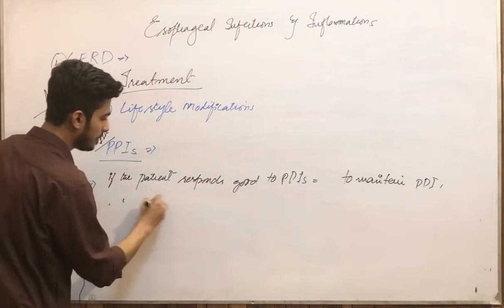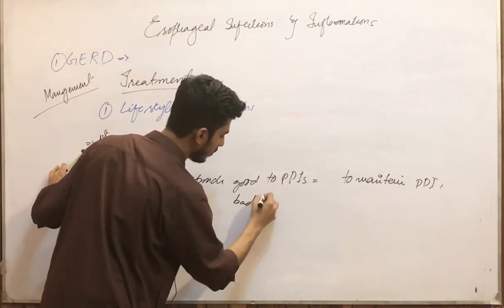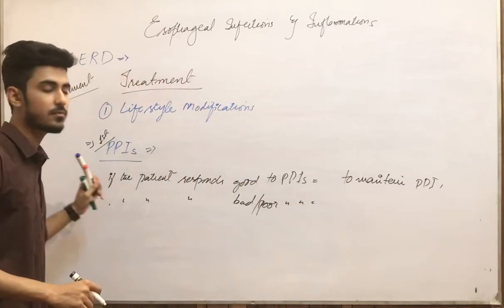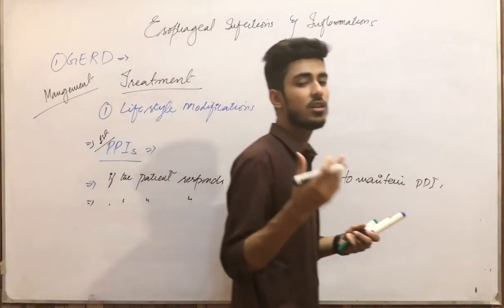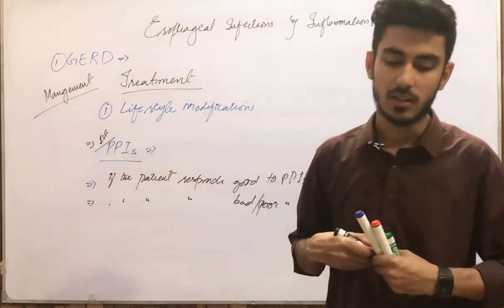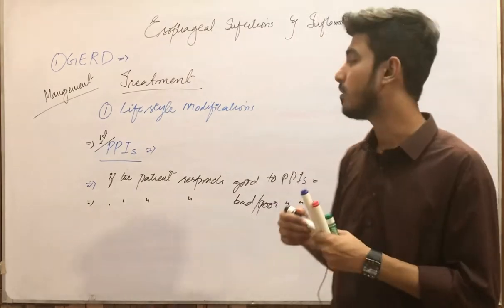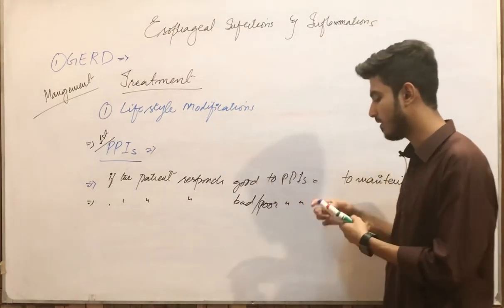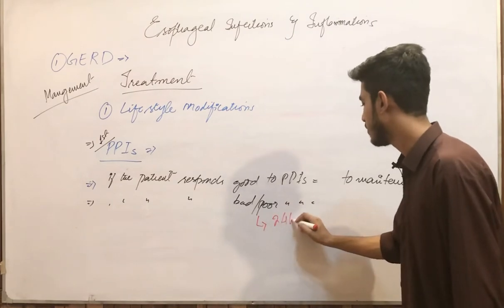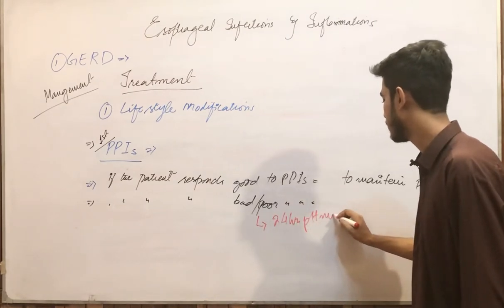If the patient responds badly, or you can say a poor response to the PPIs, then what you have to do is the 24-hour pH monitoring. In this condition, in the bad or poor response, you will do 24-hour pH monitoring.